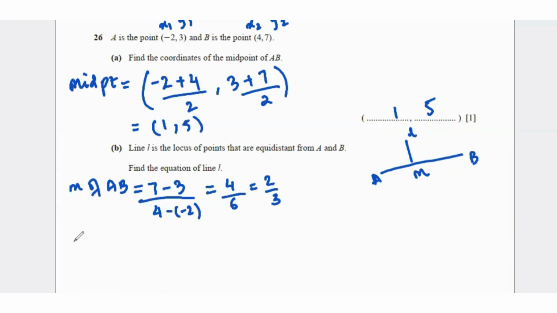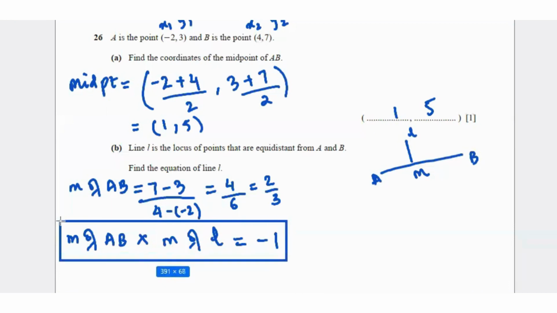When you multiply the gradients of two perpendicular lines, their product has to equal -1. So basically, m of AB multiplied by m of L has to equal -1. This is the rule that you need to apply when you're trying to find the gradient of perpendicular lines.